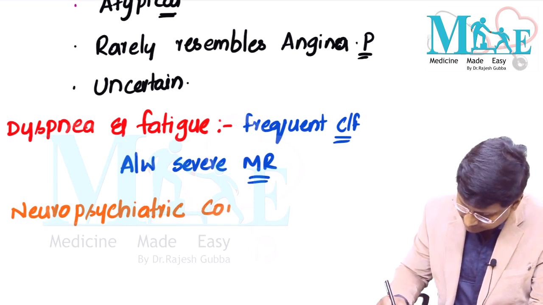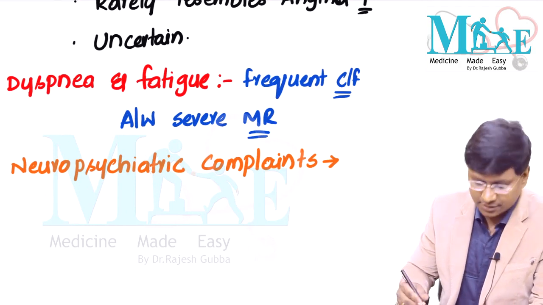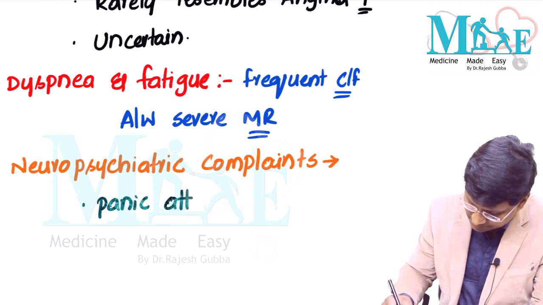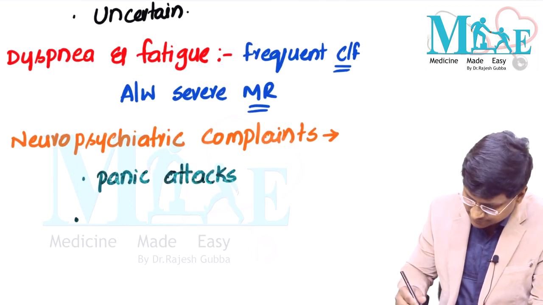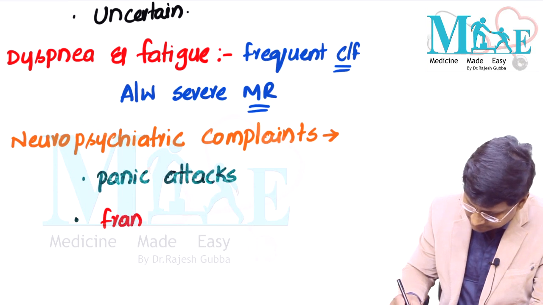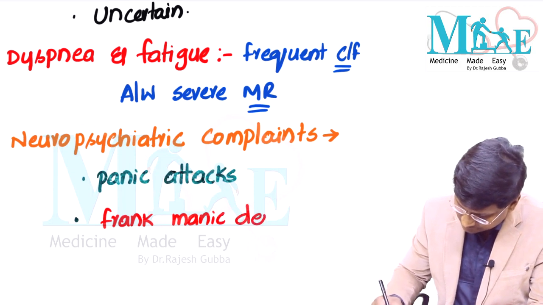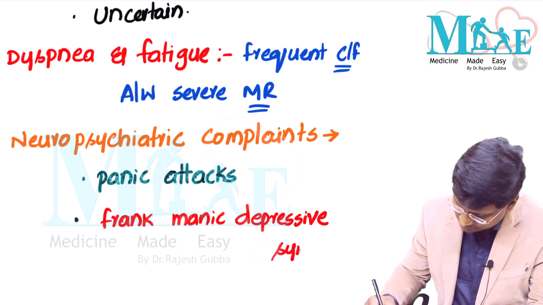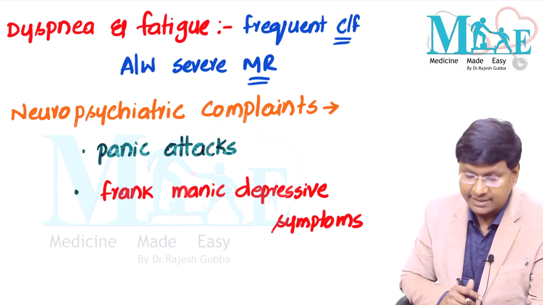Now, some of these patients with mitral valve prolapse may have panic attacks, and some of them have frank manic depressive symptoms.